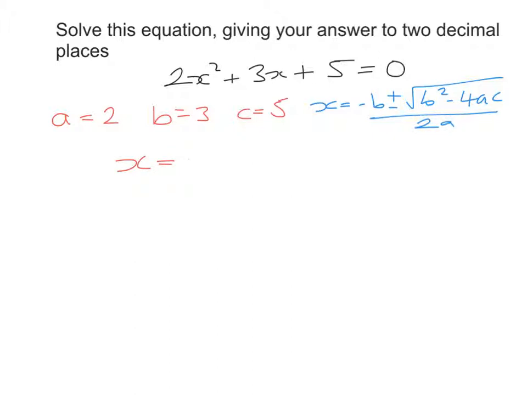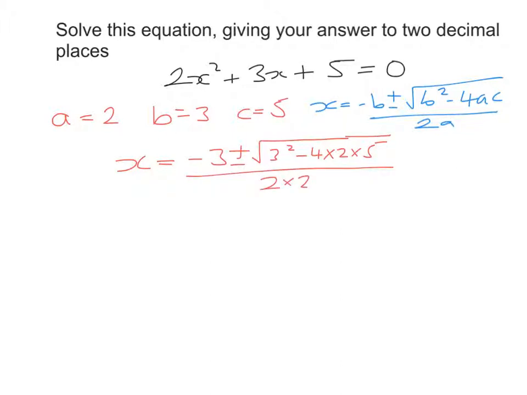x is equal to minus 3 plus or minus the square root of 3 squared minus 4 times 2 times 5, all divided by 2 times 2 this time.